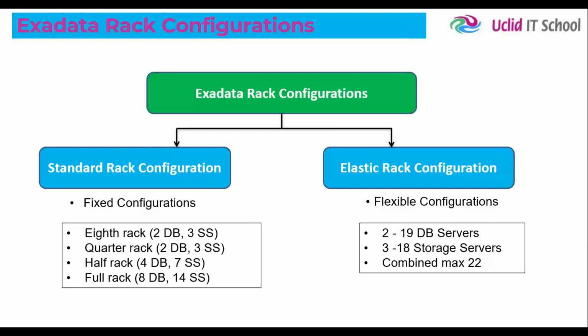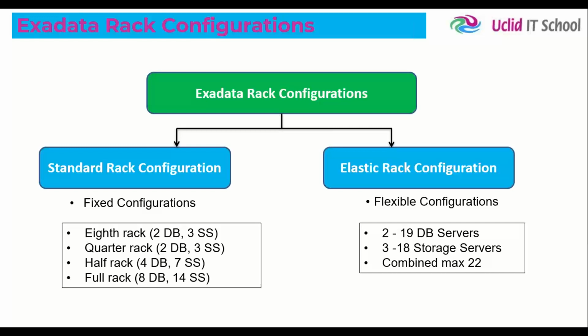For example, if quarter rack has 100 CPUs, for example purposes, the number is actually different, 8th rack will have half of that, that is 50 CPUs, right? Similarly, if you take another resource like memory, if quarter rack has 100 GB of memory, 8th rack will have half of that, that is 50 GB.